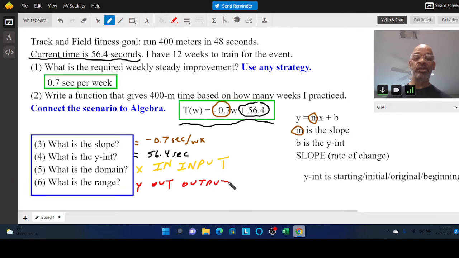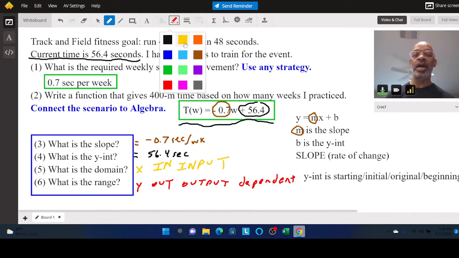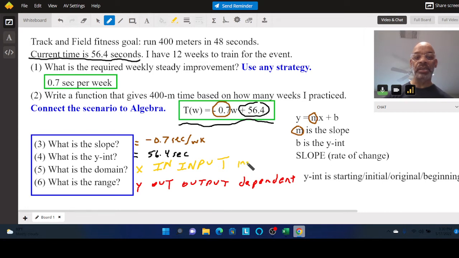What you get out depends on what you put in. That makes this dependent. The y value or y variable is dependent, then the x value or x variable is independent. What you put in controls what you get out.